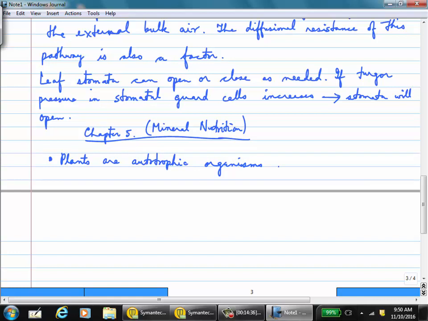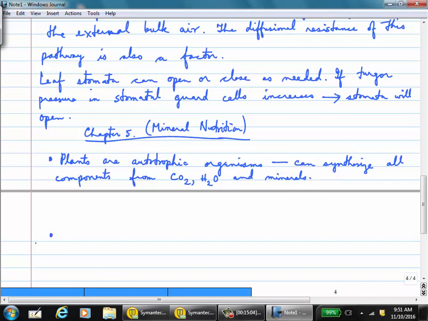So they can synthesize all components from the naturally available things like carbon dioxide, water, and minerals. The plants will get carbon dioxide from the air, but the water and minerals will come from the soil.